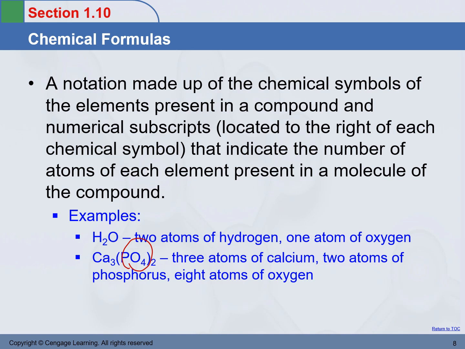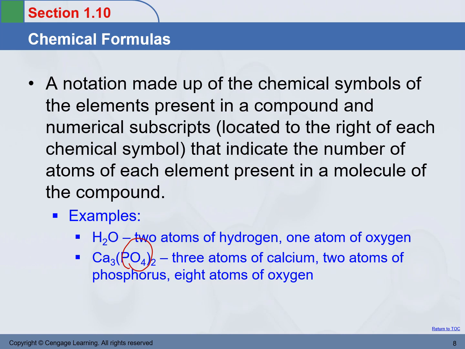And in this formula, Ca3(PO4)2, there are 2 of the small units in the whole formula. As a result, in each formula, there are 3 calcium atoms, 2 phosphorus, and 8 oxygen atoms.